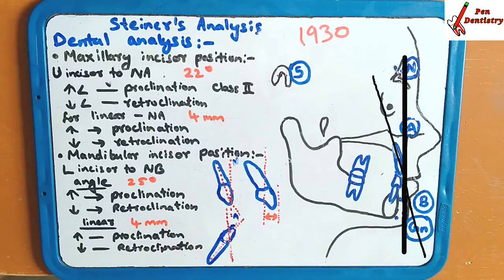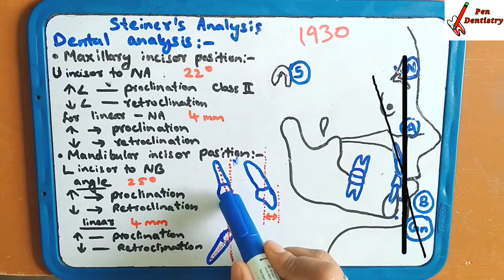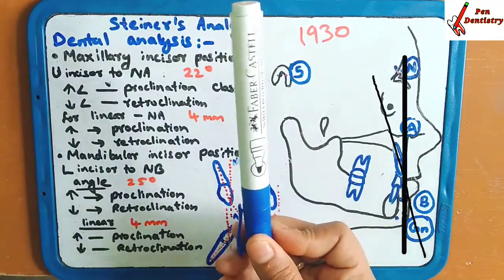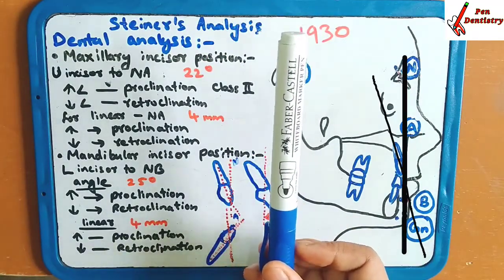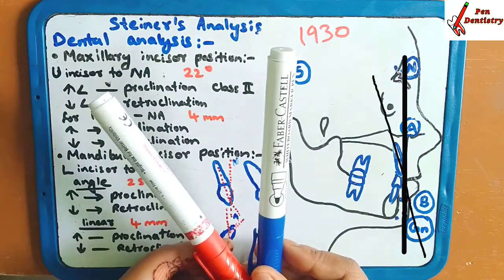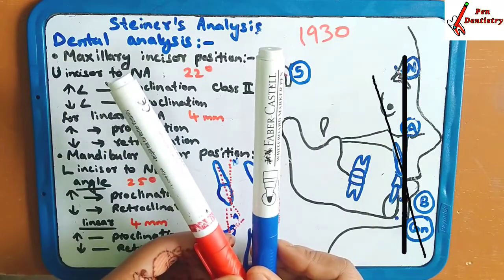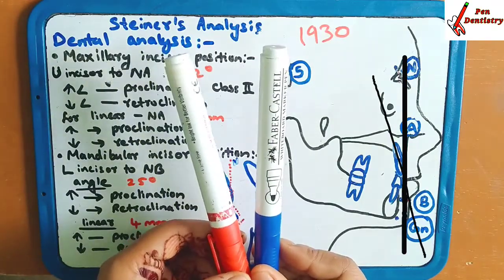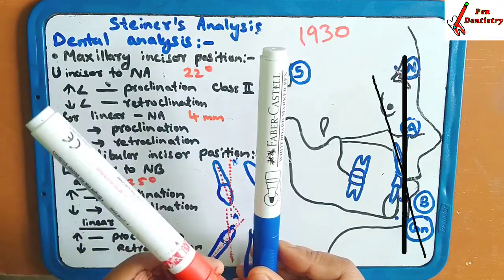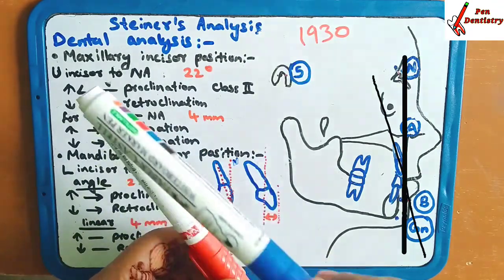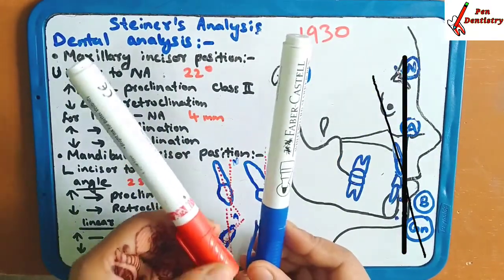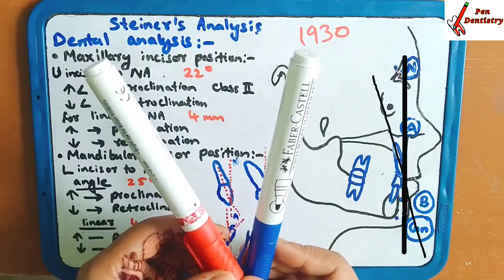NA is fixed because it is a skeletal line. When the angle increases, the tooth looks proclined. That means proclination has occurred to the tooth.